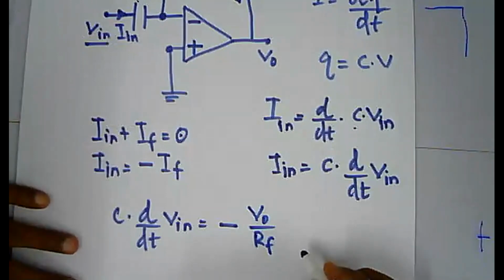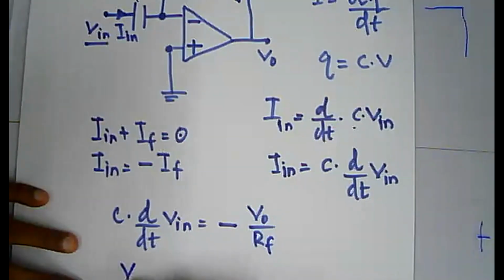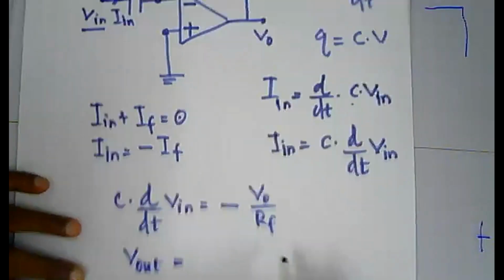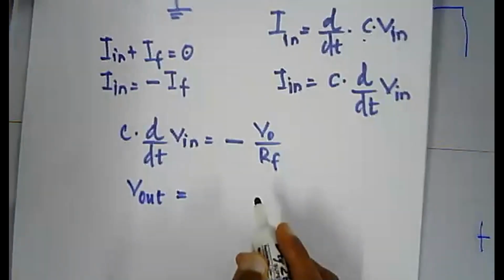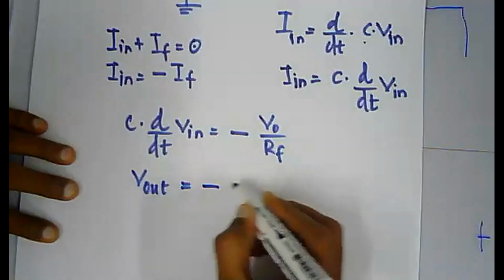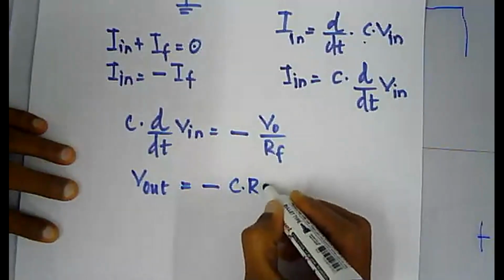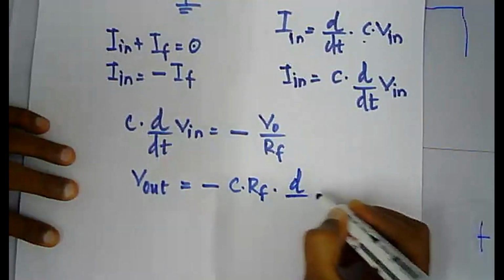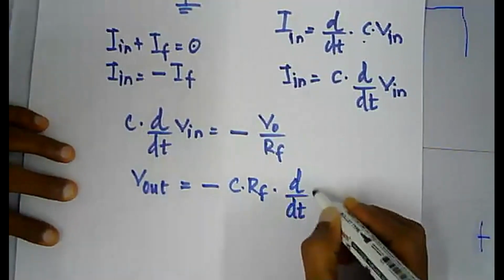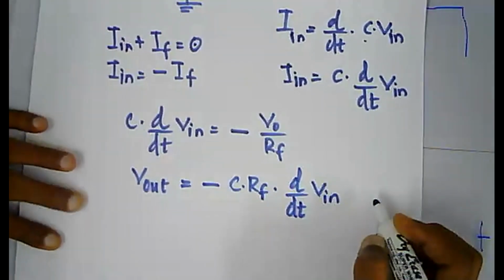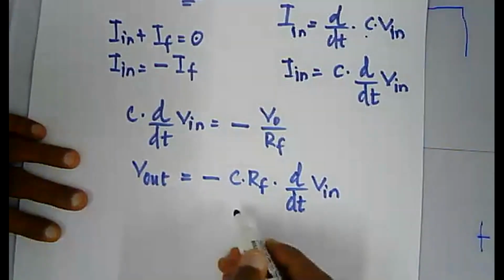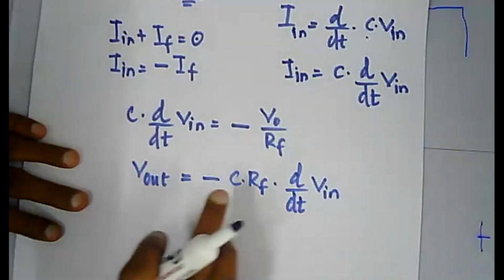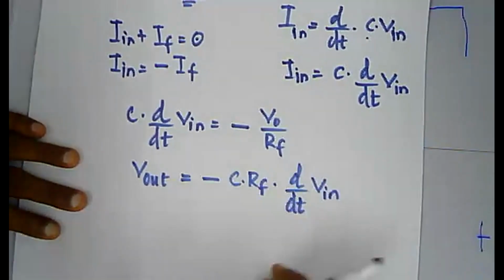So if you simply write this, your V out becomes, if you cross multiply with the RF, minus C into RF into d/dt of V in. So this is in the form of V out proportional to d/dt of V in.